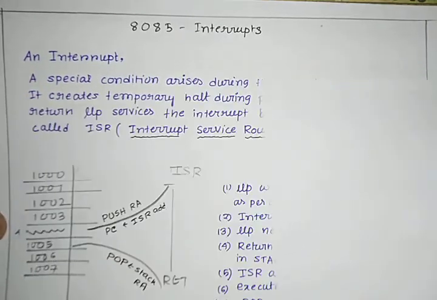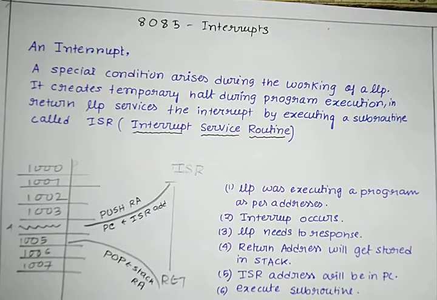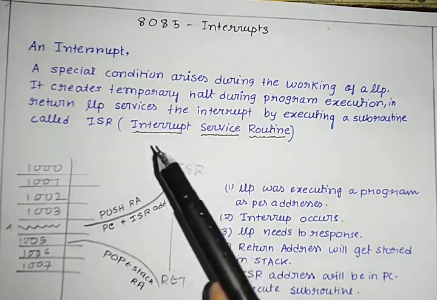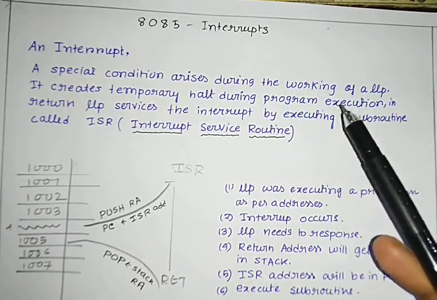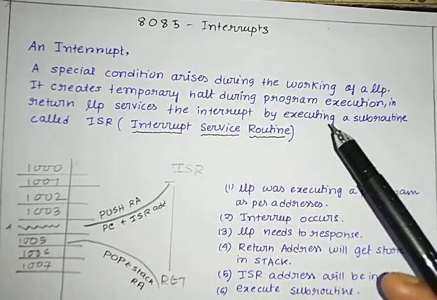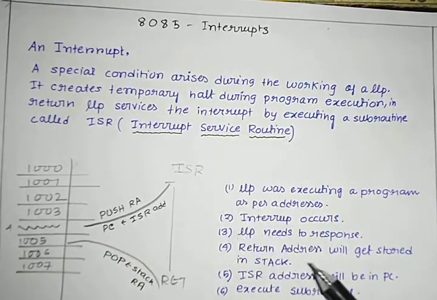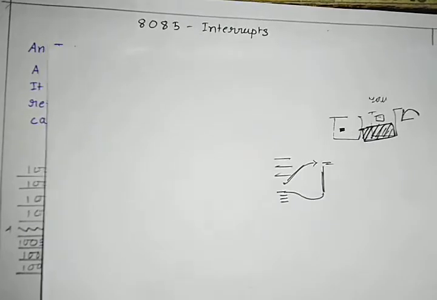So an interrupt, if we use formal language, is a special condition that arises during the working of a microprocessor. It creates a temporary halt during program execution. In return, the microprocessor services an interrupt by executing a subroutine called ISR. ISR is the interrupt service routine. Basically, what does it mean?